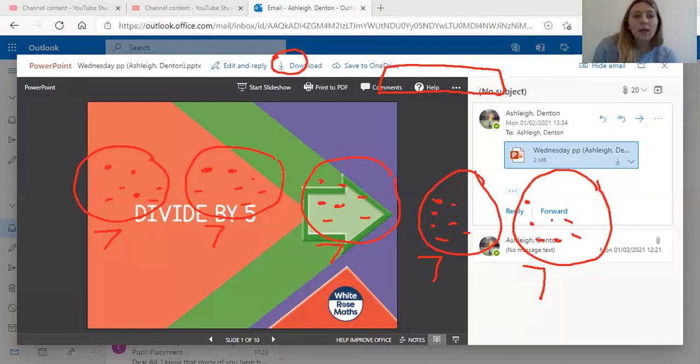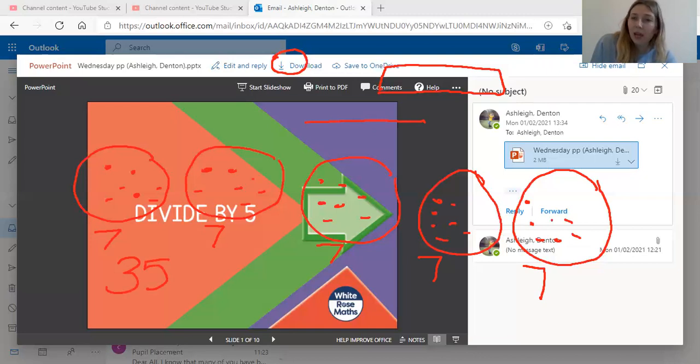So we know that there will be 7 in each group, okay? Now, I can write a number sentence to help me with this. So I'm going to write a division number sentence. We needed 35 to begin with.